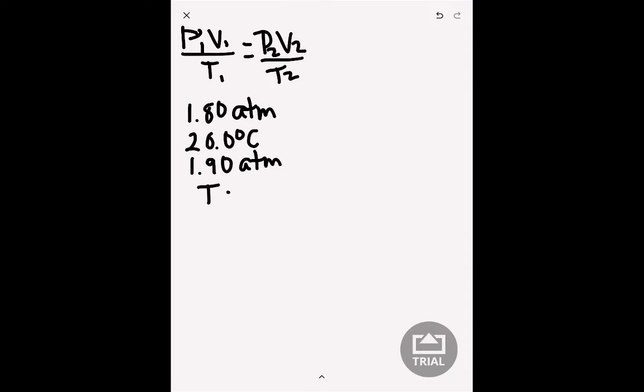So we know we're looking for a T. We know atmospheres is a P, and we know Celsius is a T. It did tell us in the problem, assuming constant volume, so we're going to delete the volume and we have P over T, which is Gay-Lussac's law.